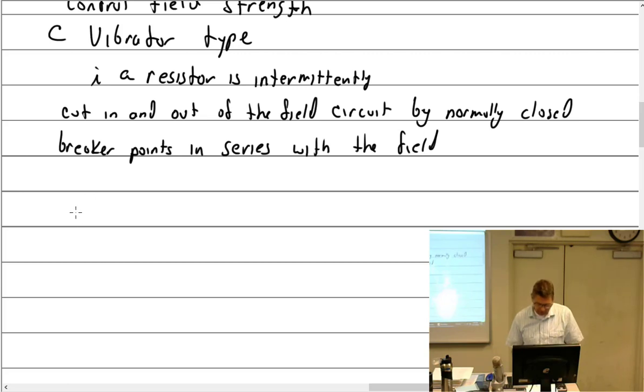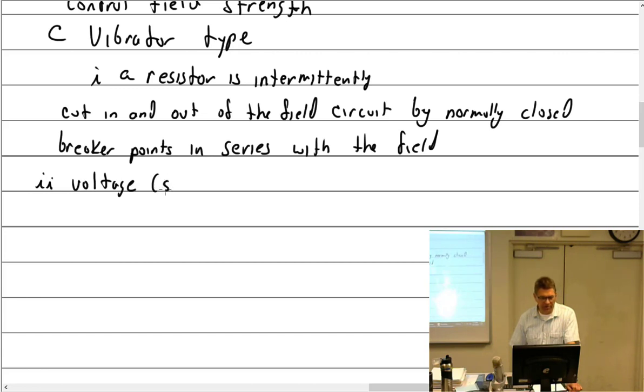Let's see. Points and resistor are parallel with each other, but in series with the field. Okay. Two, the voltage coil is connected in parallel with the generator output. We could call it a voltage sensing coil if we want.